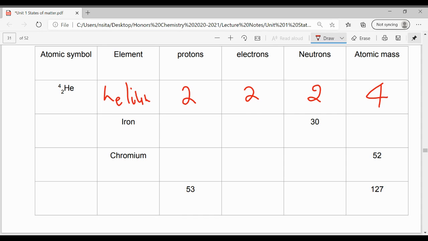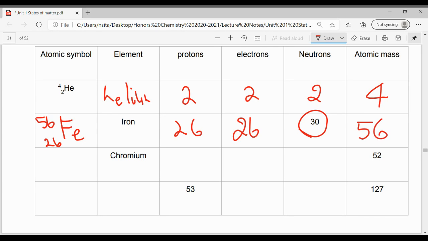Okay, so iron, Fe. If you look in the periodic table, you can see that Fe has 26 protons. So you write down 26 over here. Now, because the neutron is 30, 30 plus 26 is 56. If you have 26 protons, you will have 26 electrons as well. The atomic mass will be 56.